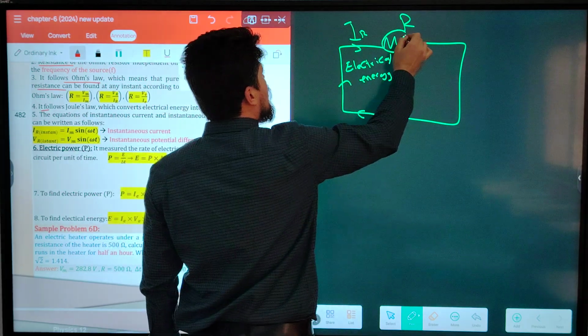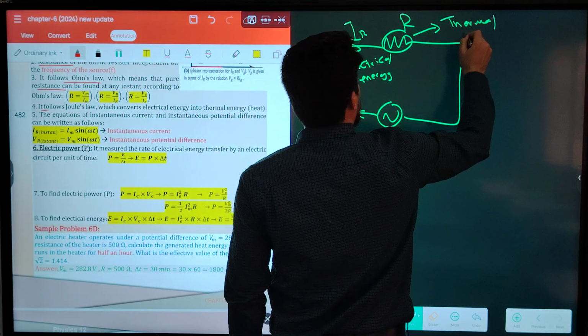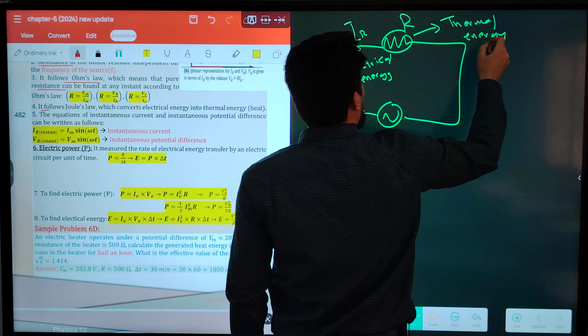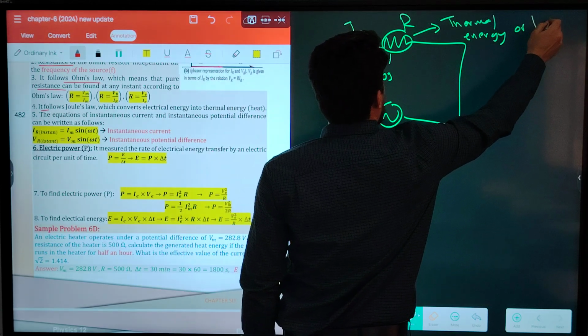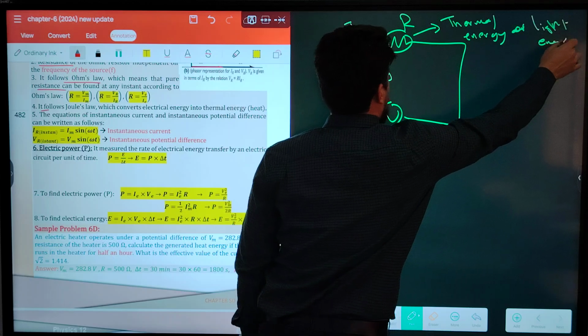This electrical energy is converted to what? Thermal energy, or light energy.